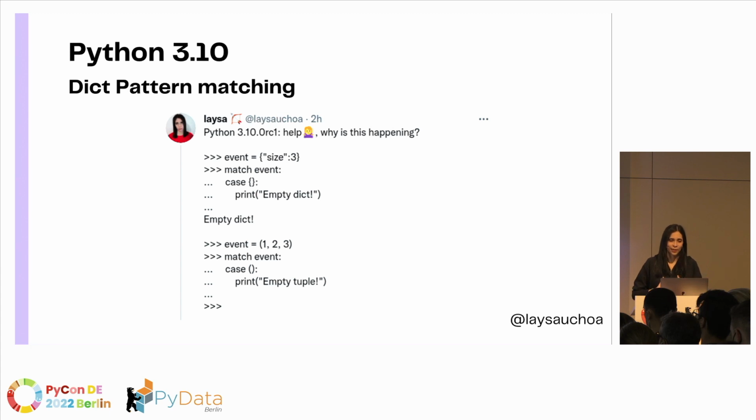I also had questions when I was using this, and this was something that I didn't understand, and I think it will be confusing for people when you start using pattern matching. I had a dictionary with a key size, and I tried to match with an empty dictionary. Don't ask me why I tried. I was really just trying. But I had this question, and I posted on Stack Overflow and Twitter, and someone answered me.